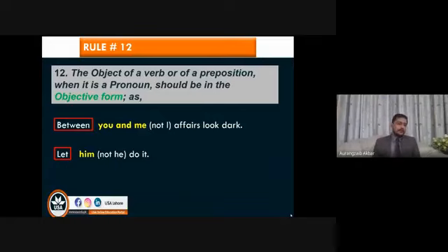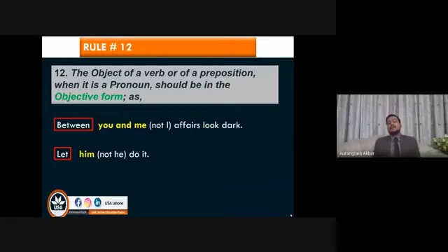If you talk about the third person, he is subjective, him is objective, and his is possessive. She is subjective, her is objective, and her is possessive as well. Then it is used for both subjective and objective, and its is possessive.